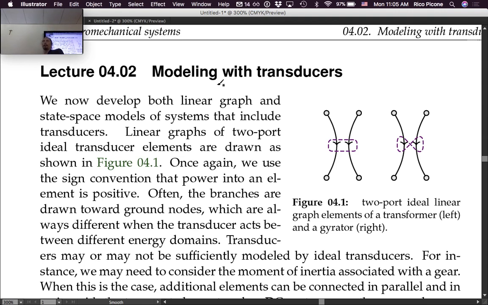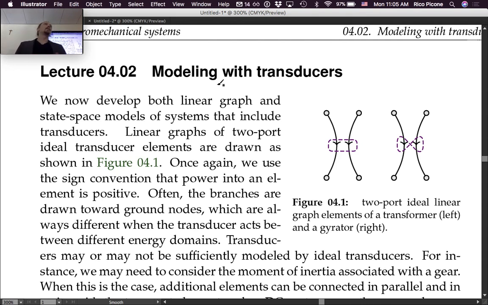We're now going to do a short lecture on how to model with transducers. We started to look into them a little bit already. We talked about how there are two primary types of ideal transducers.